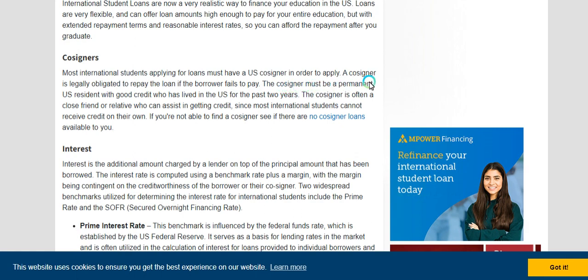The cosigner must be a permanent US resident with good credit who has lived in the US for the past 2 years. The cosigner is often a close friend or relative who can assist in getting credit, since most international students cannot receive credit on their own. If you are not able to find a cosigner, see if there are no-cosigner loans available to you.